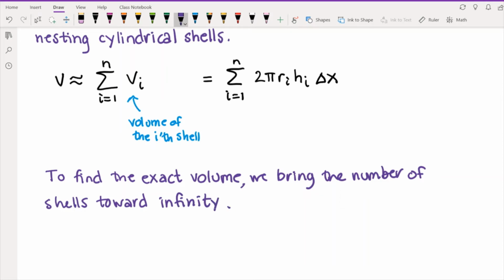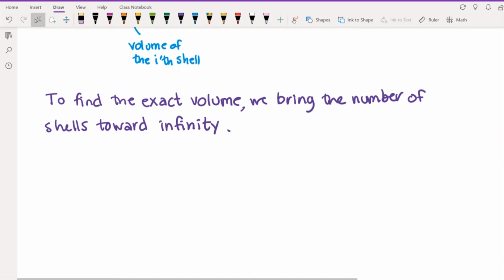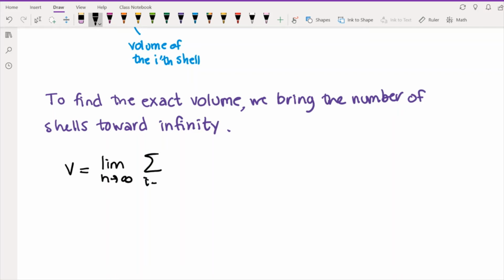So the exact volume is going to be equal to the limit as n approaches infinity of the sum from 1 to n of 2 pi times the ith radius times the ith height times delta x.